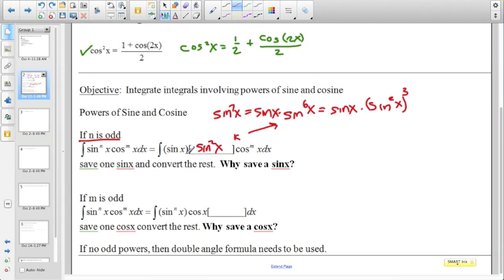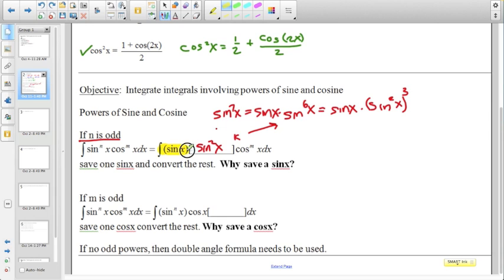And what that does is it allows us to save a sine x, and if we save this sine x here, then we can convert the rest of this expression to a cosine.